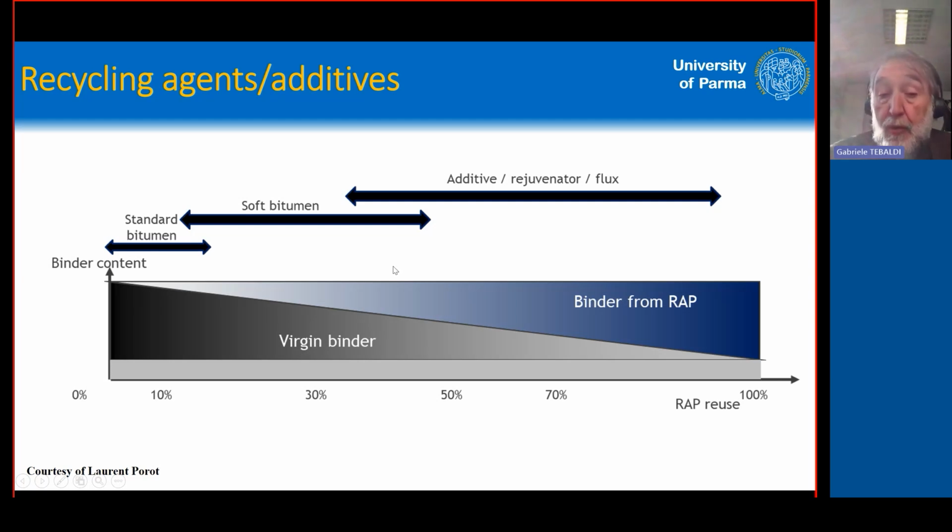If we go a little bit higher, a solution can be a soft bitumen. This is an investigation of the state of the art provided by Laurent Porot. And if we go beyond 30%, it's common to use different kinds of additives, rejuvenator, fluxant, or whatever, to make the bitumen that comes from the RAP available and active.